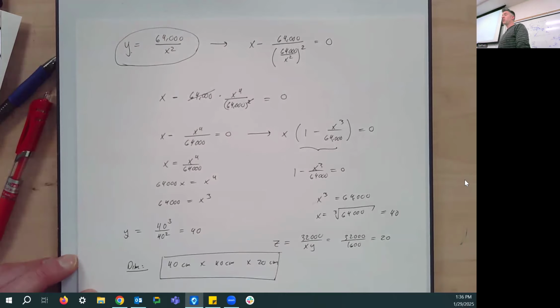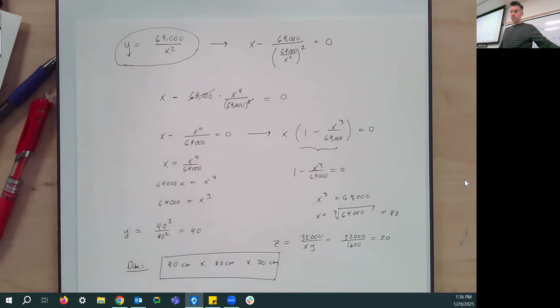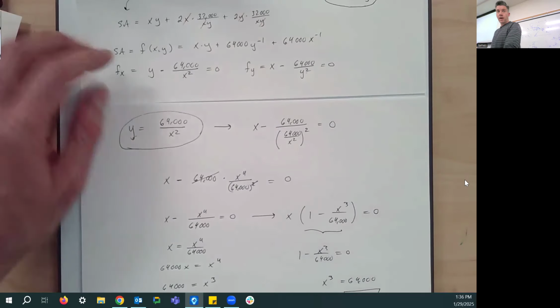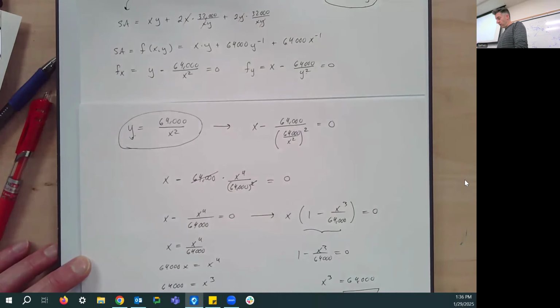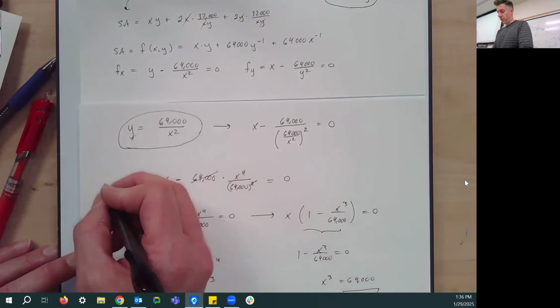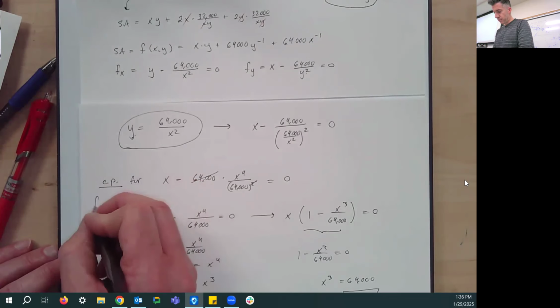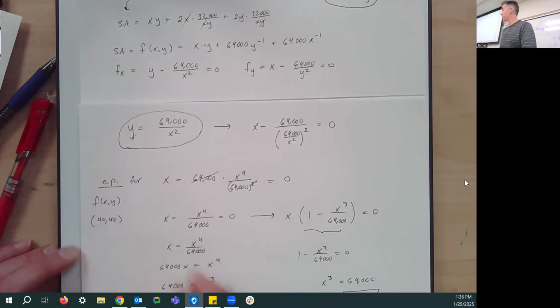So if you look back at our partial derivatives, I have these two equations. So really, I found x equal to 40, and then I had to plug 40 back into this equation to find the other coordinate of my critical point. So my critical point for my function is x equal to 40, y equal to 40.